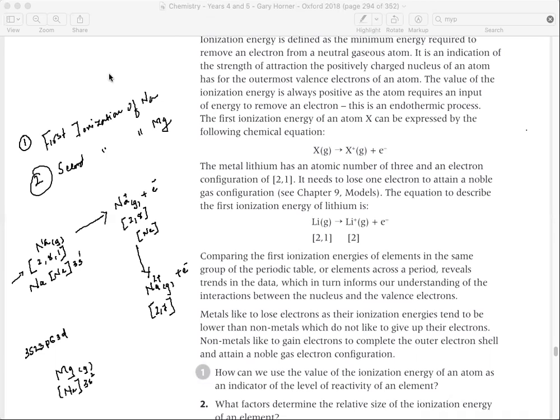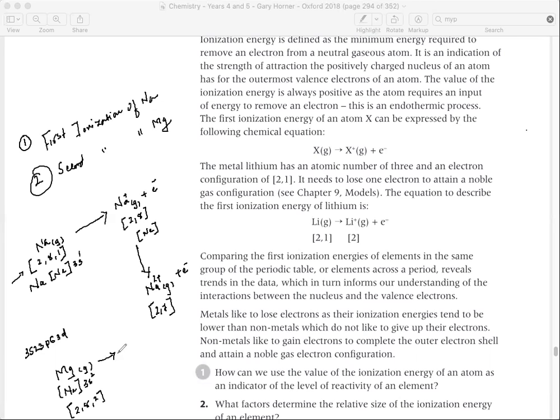If I am writing only the number of electrons, let's say we are not writing the orbital, then magnesium we should write like this: 2, 8, and 2. Is this clear to everybody? Yes, sir. These are the two different ways to write electronic configuration.